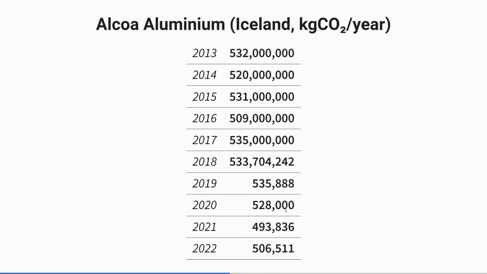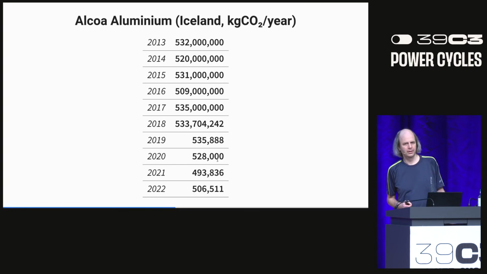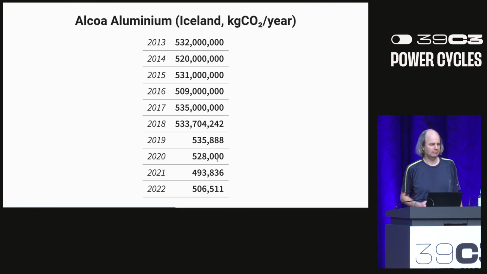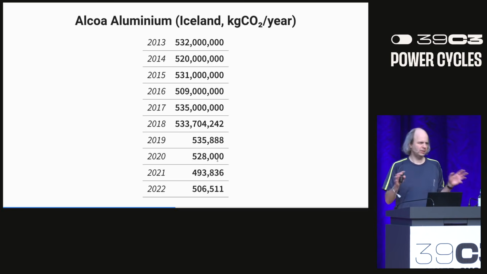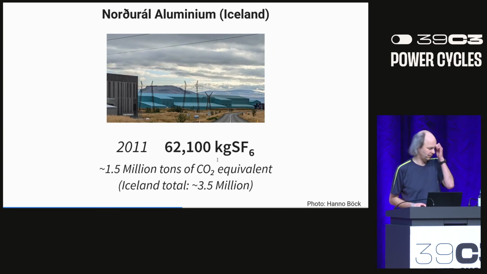I mean, we don't have missing data here, but at some point it just drops by around a factor of 1,000. And I know there is technology in aluminum where we might be able to do that, but I'm not aware that they are using that in Iceland. Yeah. I also don't think that is correct. And this one had me scratching my head.